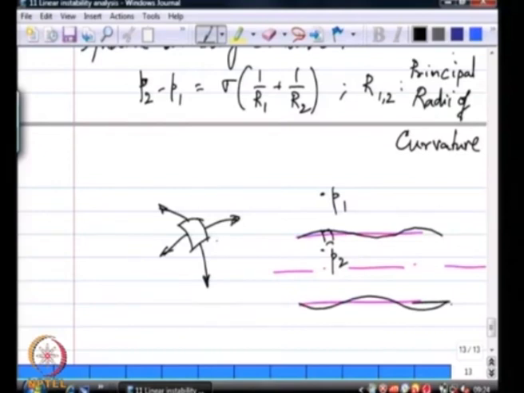Now, because that interface is curved in both those directions, it has a curvature in both those directions. So, because of that, we have to define what is called the principal radii of curvature, which may not necessarily be in the r and theta directions per se.